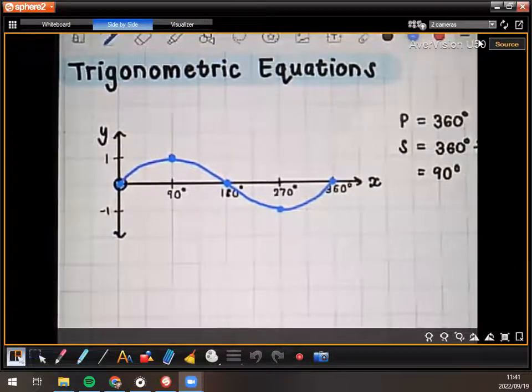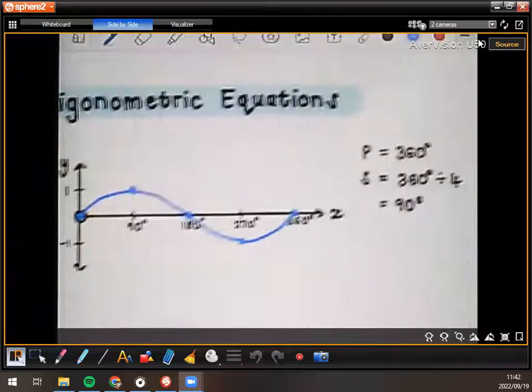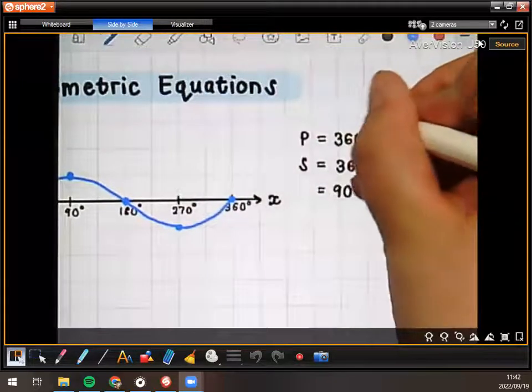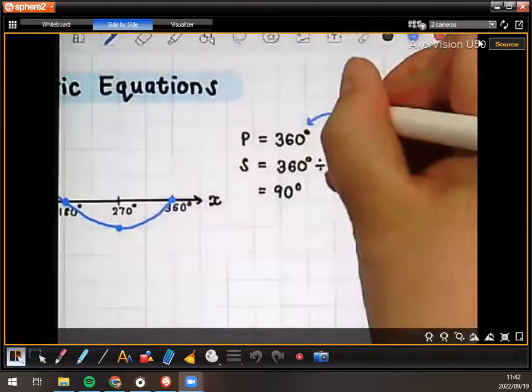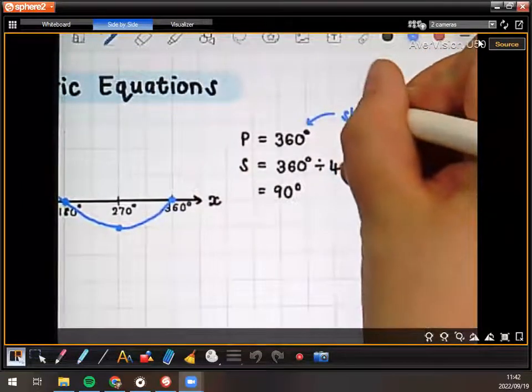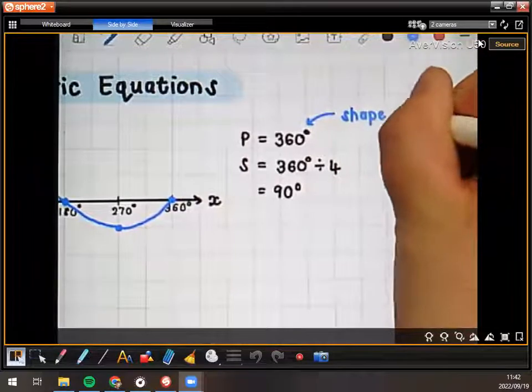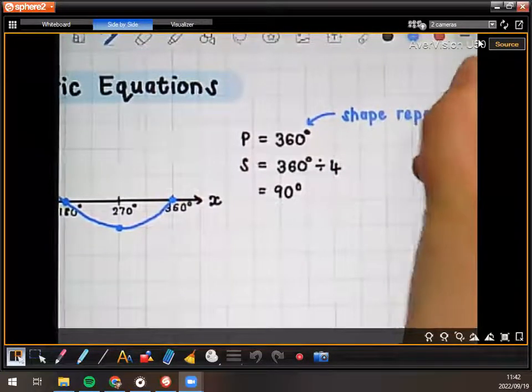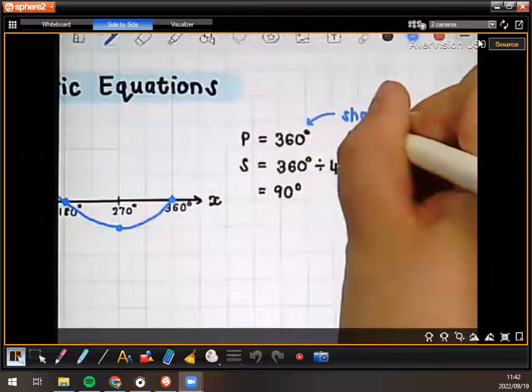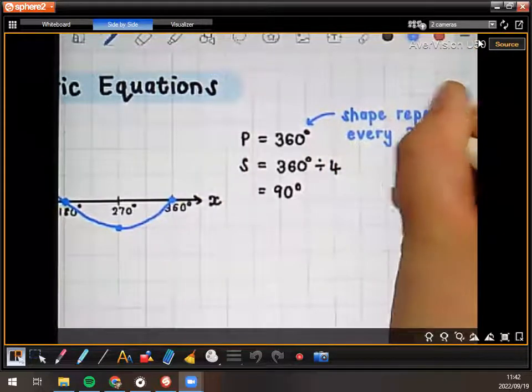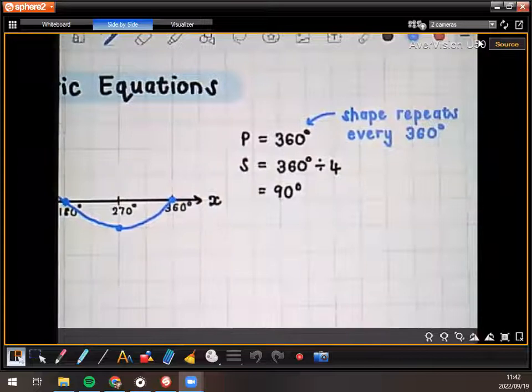Now guys, the fact that this graph ends at 360 degrees here, that's not necessarily the case, right? What happens with the sine graph? It's going to keep repeating its shape every 360 degrees, right? That's why we say that the period is 360. So I'm going to write here, okay, repeats every 360 degrees.